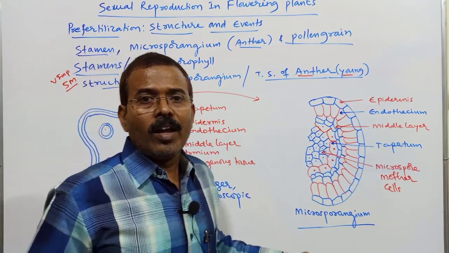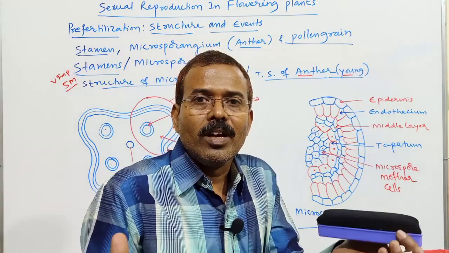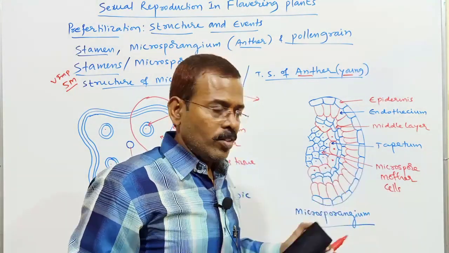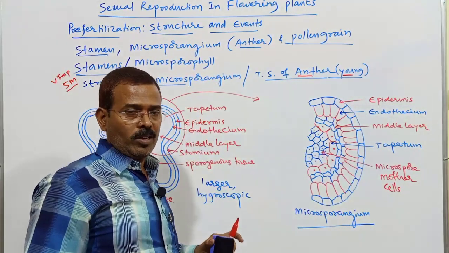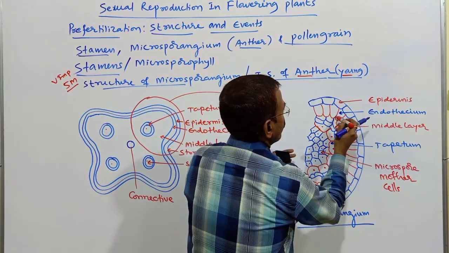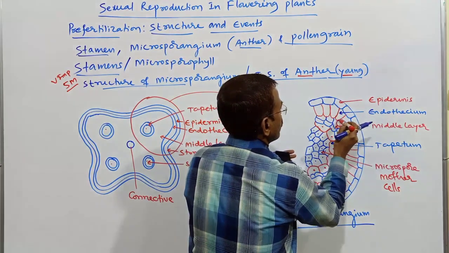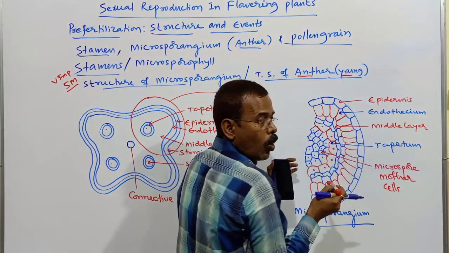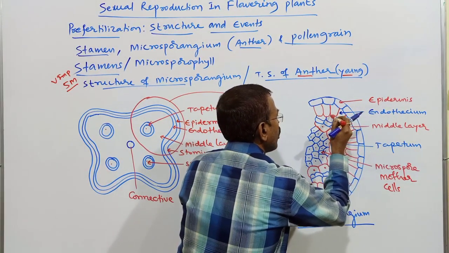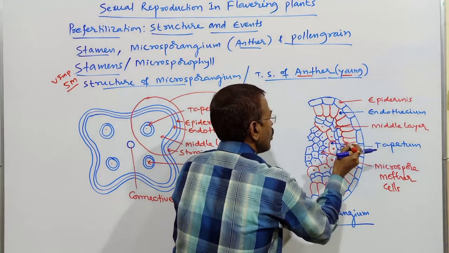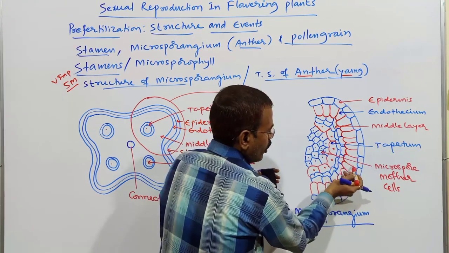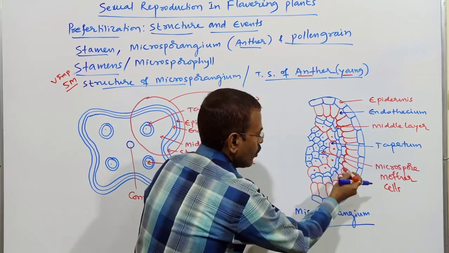They have the property of absorbing water molecules, moisture, water content. That's why they are hygroscopic. See, this is the radial wall, and this is the tangential wall.